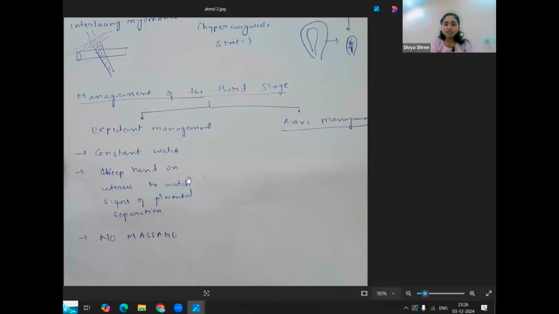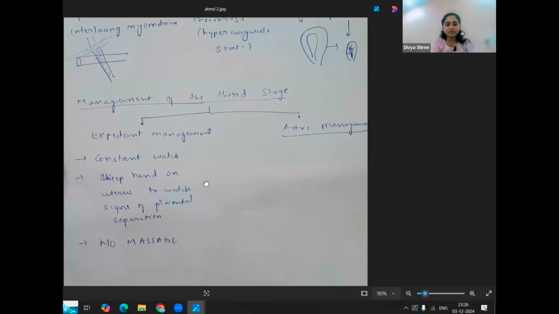The uterus is usually just above the umbilicus after the delivery; as soon as the placenta separates, it will go below the umbilicus. You also see the cord lengthening and the bleeding. So you watch for all those signs and wait until the placenta comes out. This is expectant management. You can wait for 15 to 20 minutes.